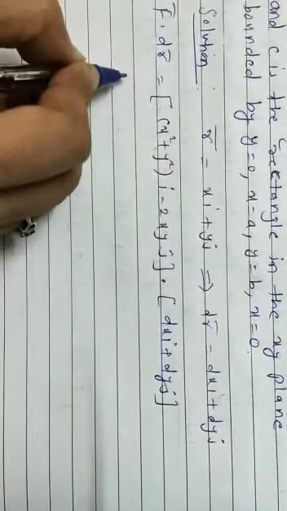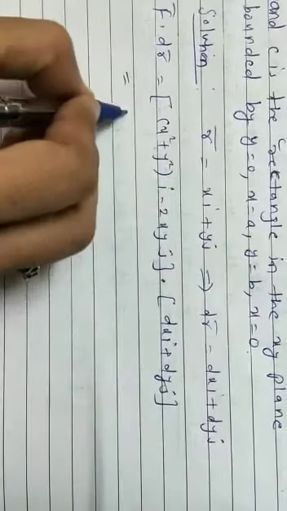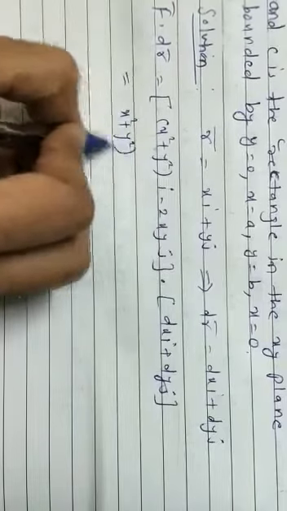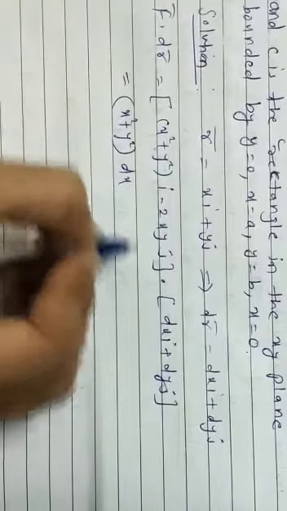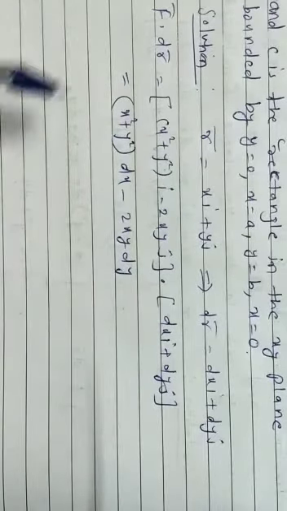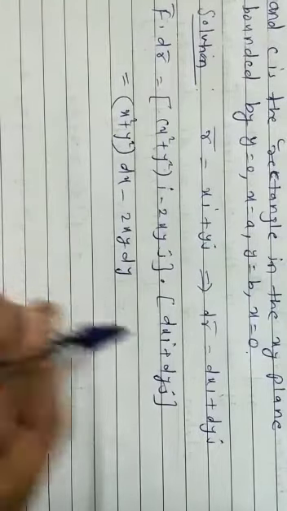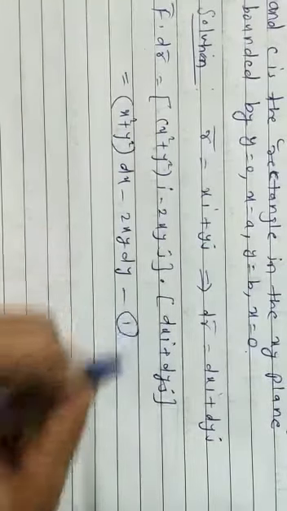Now using the rules of dot product, i dot i is 1 and j dot j is 1. What you get here is (x square plus y square) dx minus 2xy dy. Other terms will vanish. So your first step is to get f bar dot dr bar. Now, suppose this is your equation number 1.